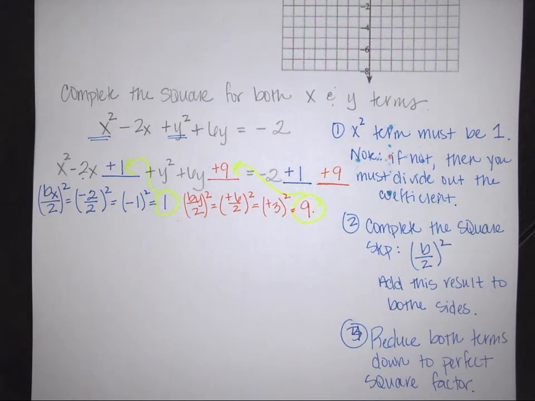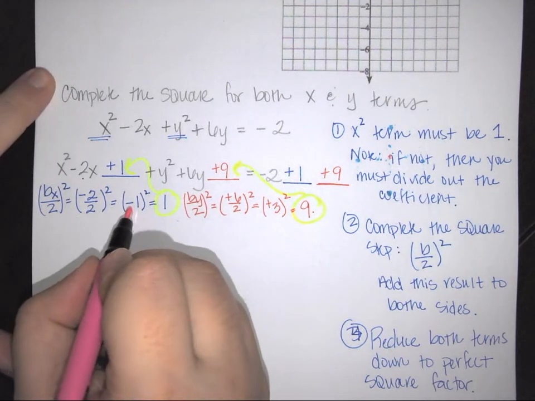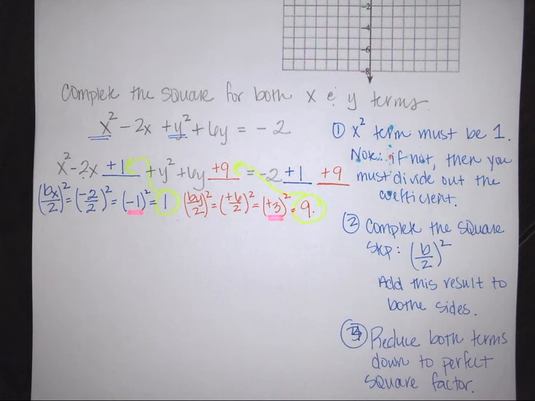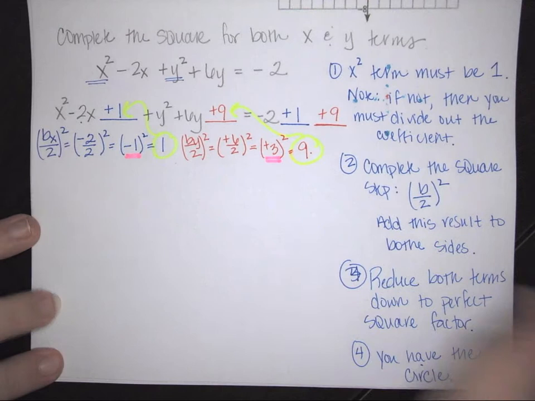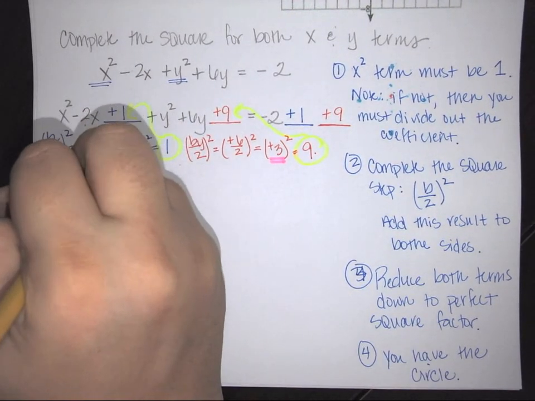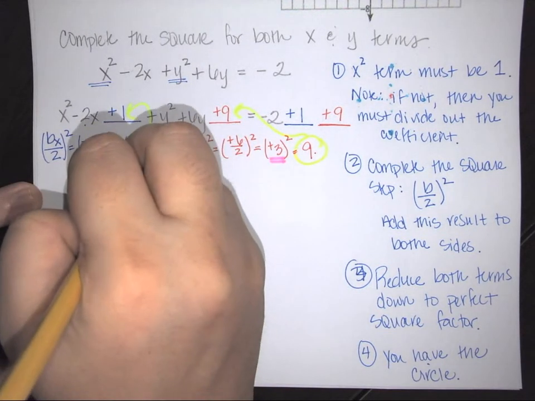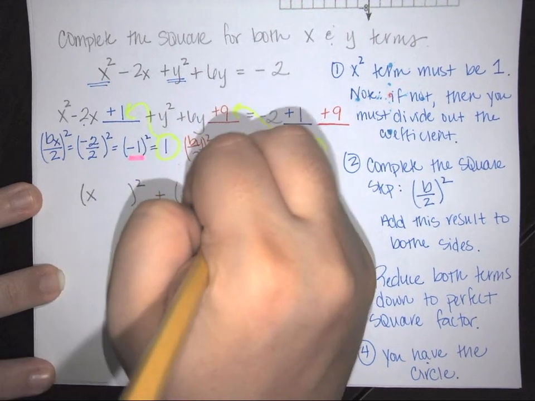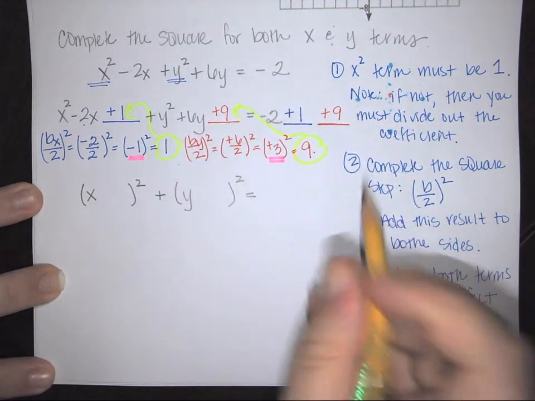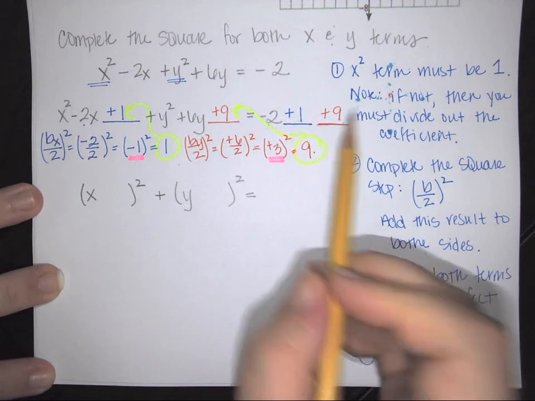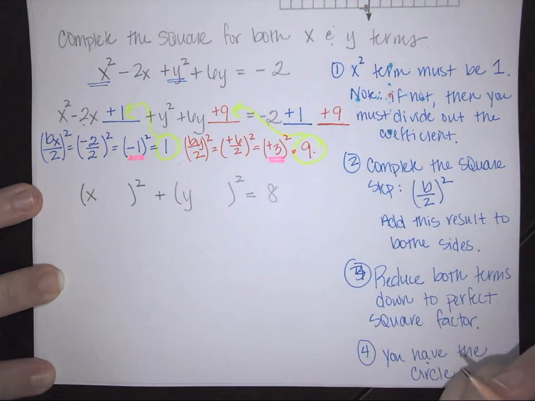Well, this middle term here, and the reason why the sign is so important is because that middle term is going to fill out your actual factors. So here what we actually have is x squared plus y squared equals, and then we're going to simplify this, negative 2 plus 1 plus 9. So this is going to be 8.